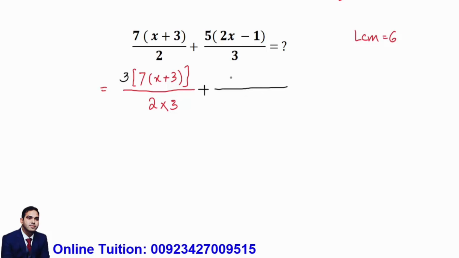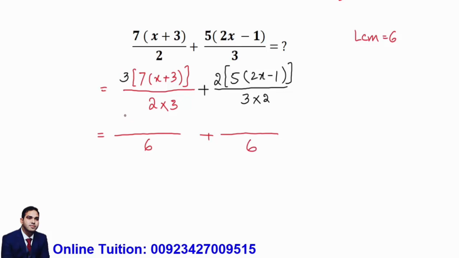Okay, now 5 into (2x negative 1), this 3 will have to make 6, so multiply with 2. Keep in mind you have to multiply 2 here as well. So you can see that this will become 6 plus sign, this will become 6.